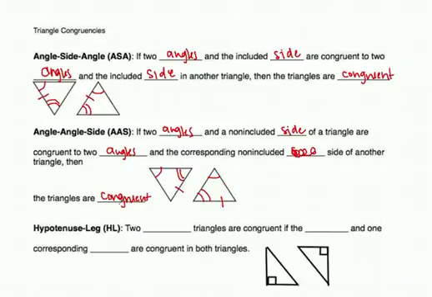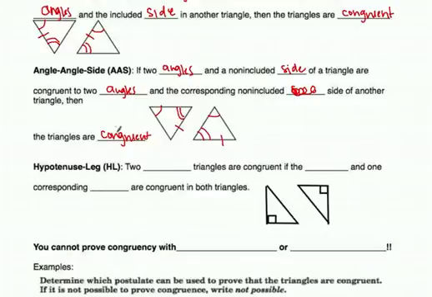So it's real important that you make sure that the sides you're saying are congruent are corresponding sides as well. Remember, corresponding means in the same location, but just in a different triangle.